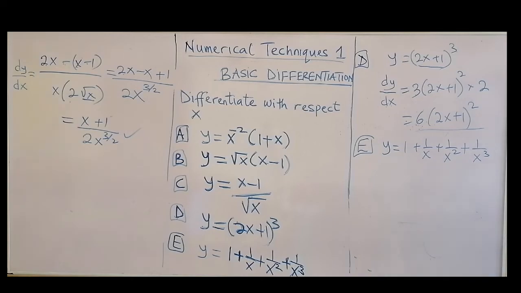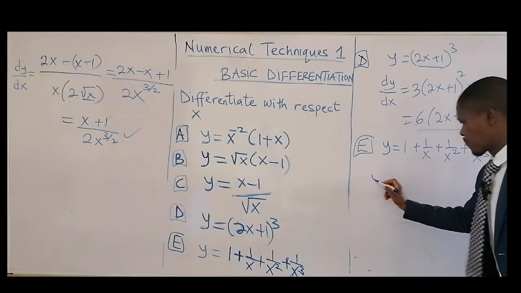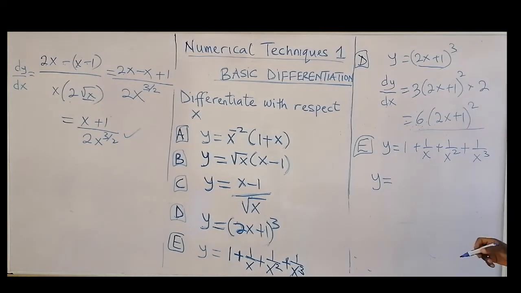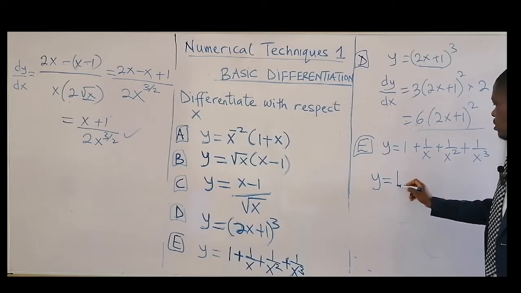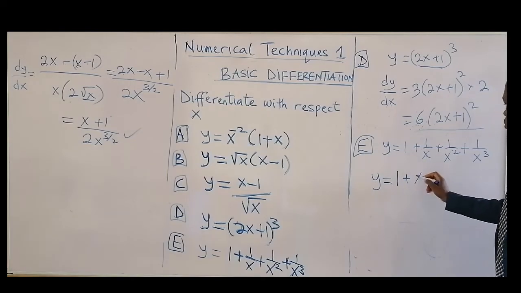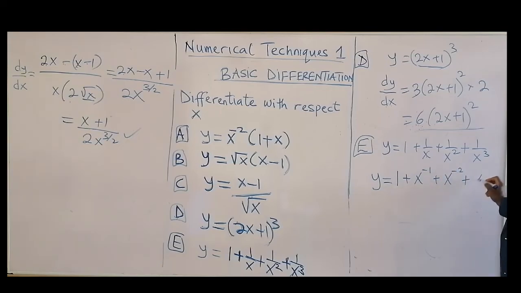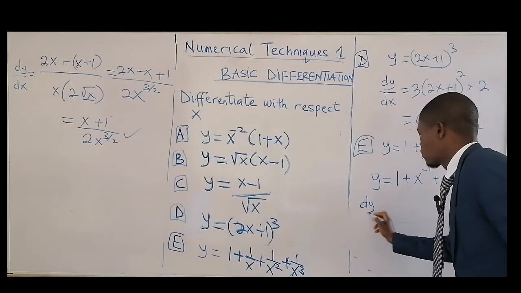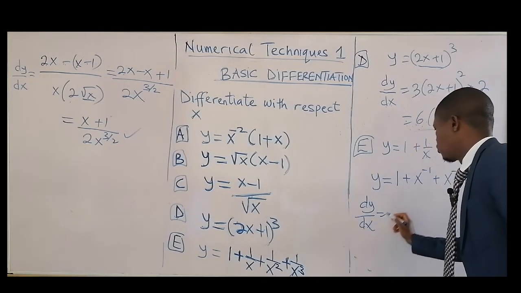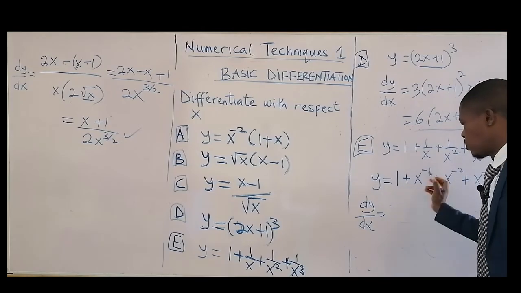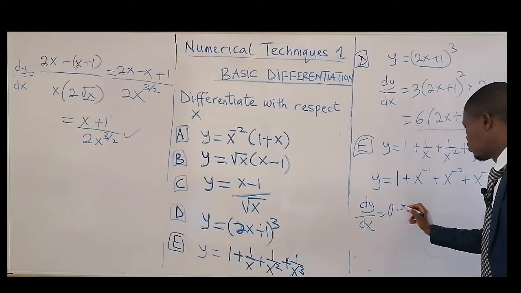What we do in this question is do the algebra first before the differentiation. That will be 1 plus x to the power minus 1 plus x to the power minus 2 plus x to the power minus 3. That's the first thing you have to do before differentiating. Then dy/dx: the derivative of 1 is 0, so that's gone.